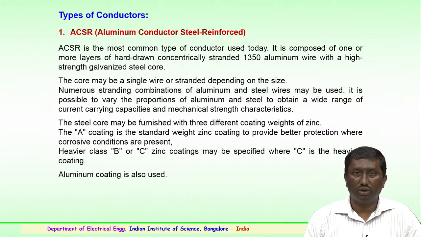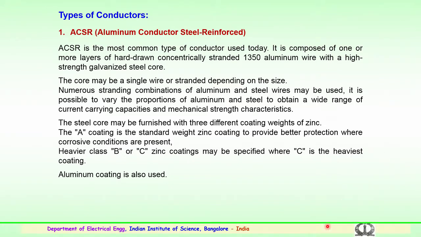The steel core could be furnished with 3 different coatings of zinc, to see that corrosion does not happen. The class A coating is the standard weight zinc coating to provide protection for corrosive conditions. Apart from that, the heavier class B or class C zinc coatings may also be specified.